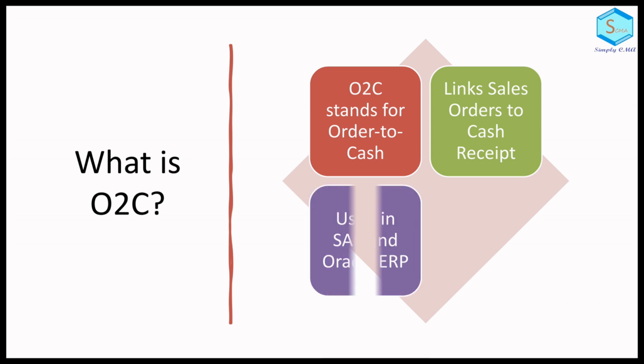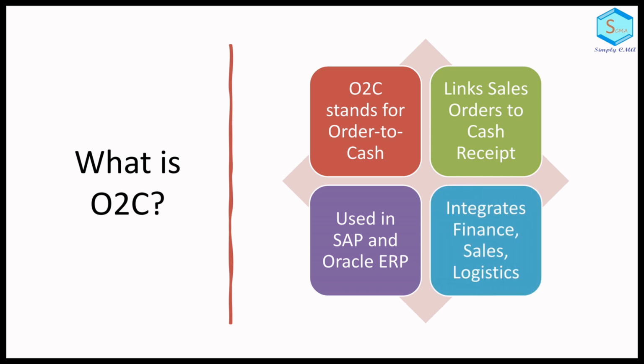Major ERP systems like SAP and Oracle have built-in modules to manage this O2C process efficiently. It integrates multiple functions: finance, sales, and logistics.